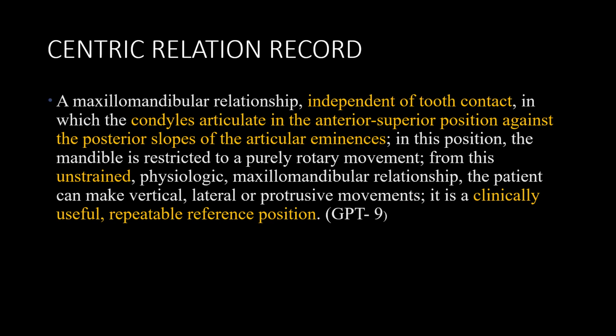In this position, the mandible is restricted to a purely rotatory movement. From this unstrained physiologic maxillomandibular relationship, the patient can make vertical, lateral, or protrusive movements. It is a clinically useful, repeatable reference point, as described by GPT-9.